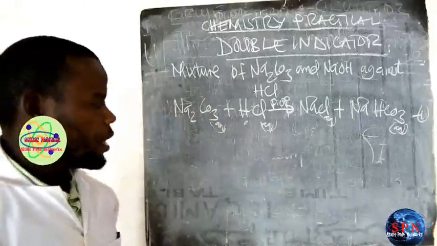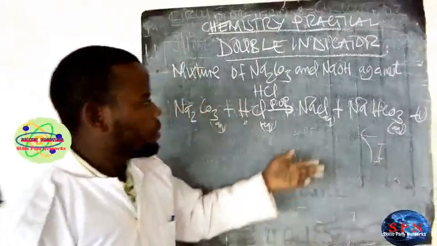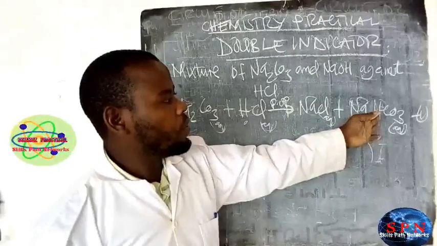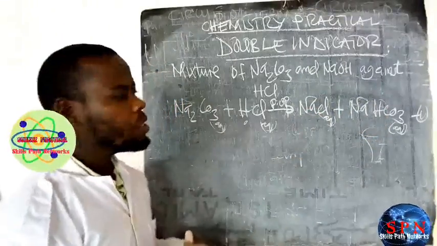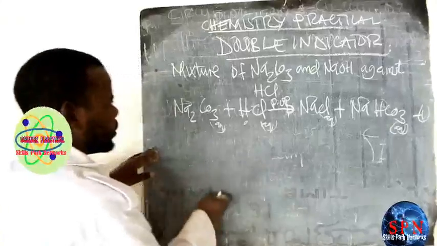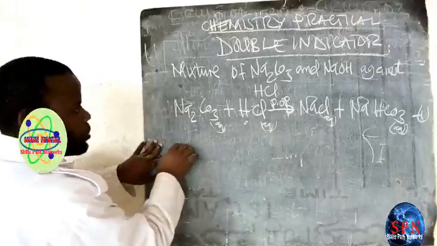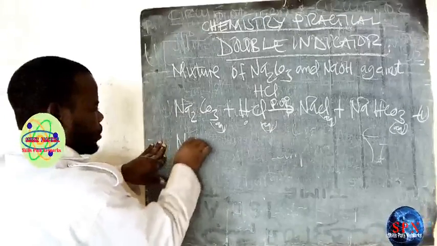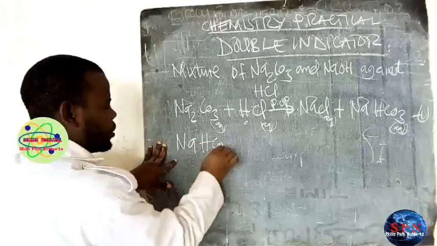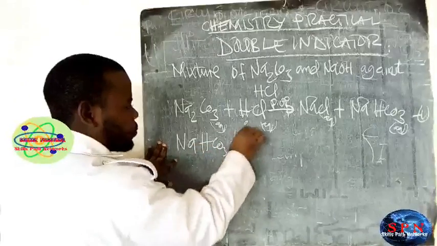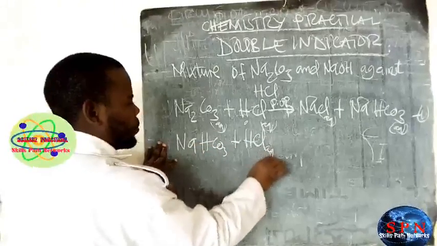The second reaction: this intermediate will react again. To complete the reaction, sodium hydrogen carbonate will react with hydrochloric acid, aqueous solution.